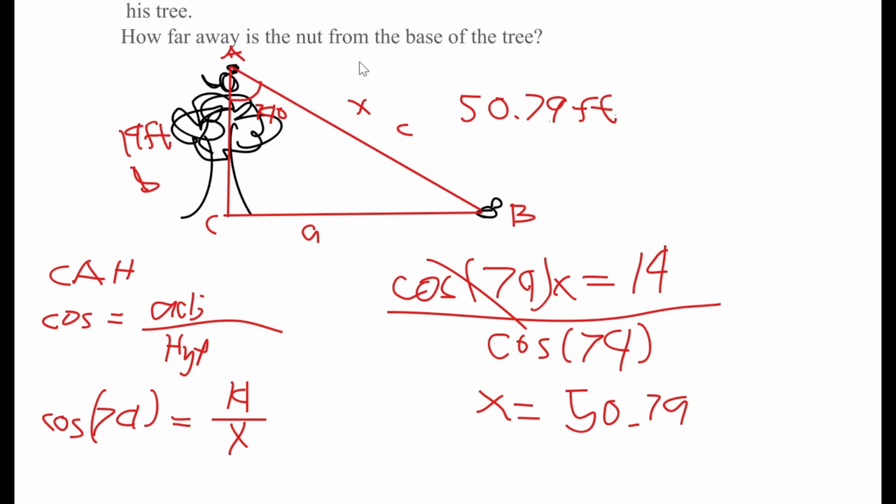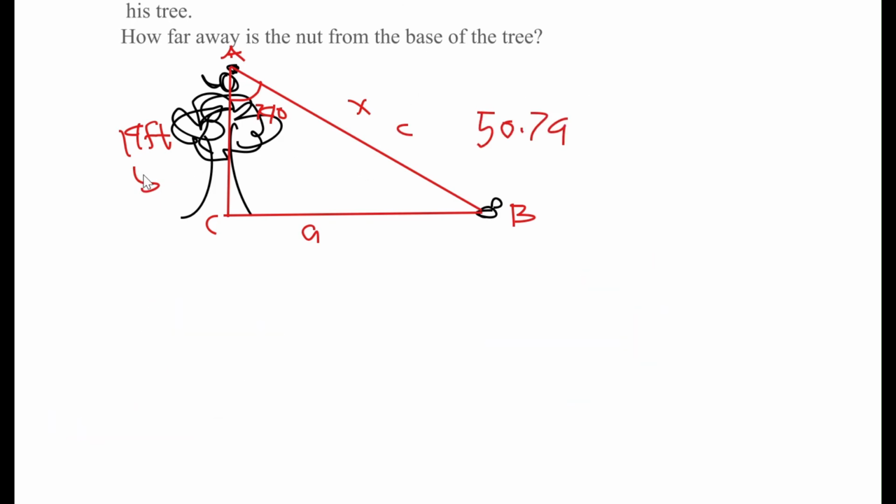Now let's look for our distance using the Pythagorean theorem. We have the values for B and C, so we can go ahead and use the Pythagorean theorem. Let's use y for A instead.